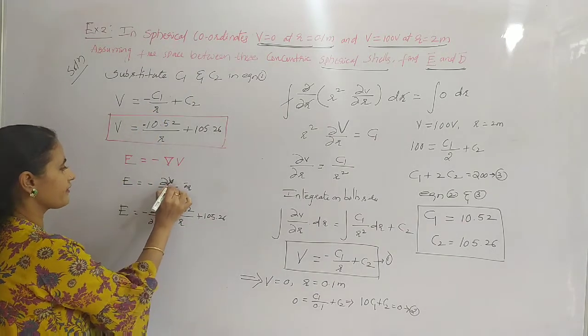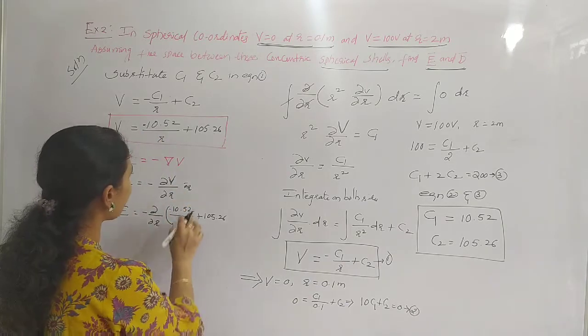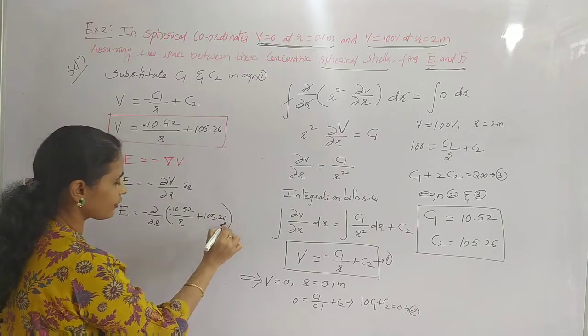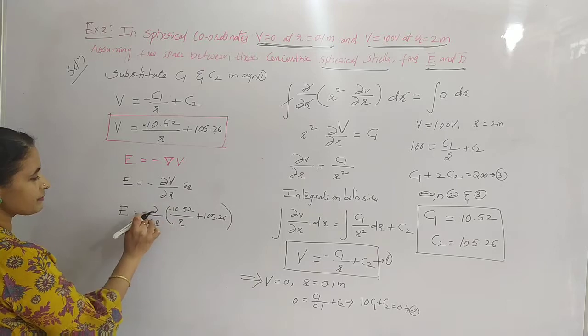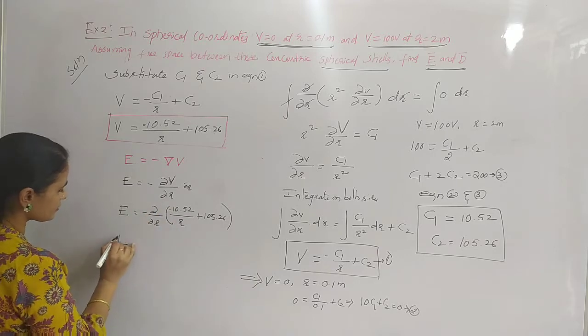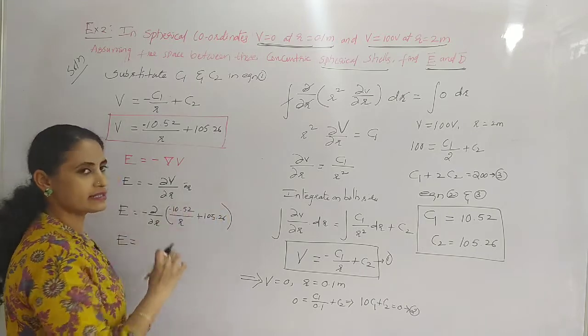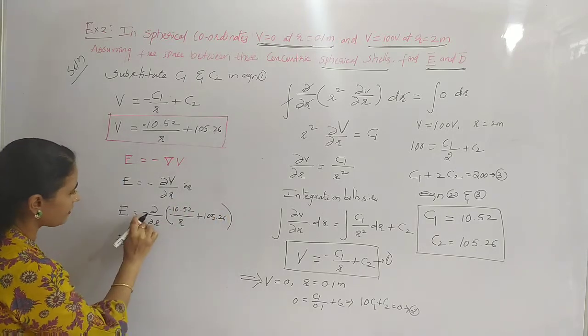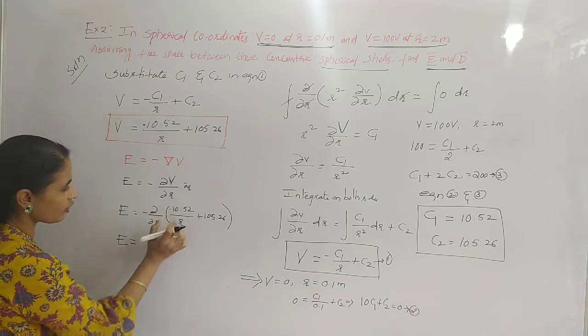So while substituting the value of V, the V is minus 10.52 by R plus 105.26, which is the C2 value. Okay, take this minus into minus, it will become plus. So E is given by, we need to differentiate this term and this term also. So plus, it has become plus, minus into minus. So this is a constant.